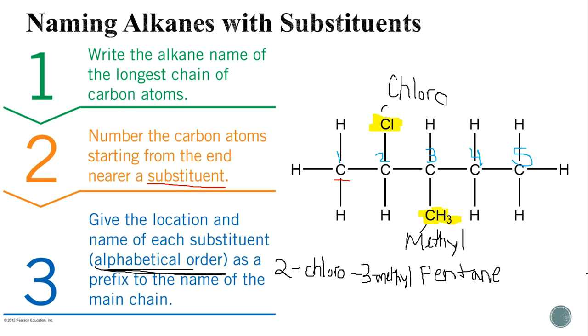Okay. So the way that we would read the name of this molecule is 2-chloro-3-methylpentane. Okay. On the second carbon, there's a chlorine. On the third carbon, there's a methyl. And then the chain is a total of 5 carbons long.